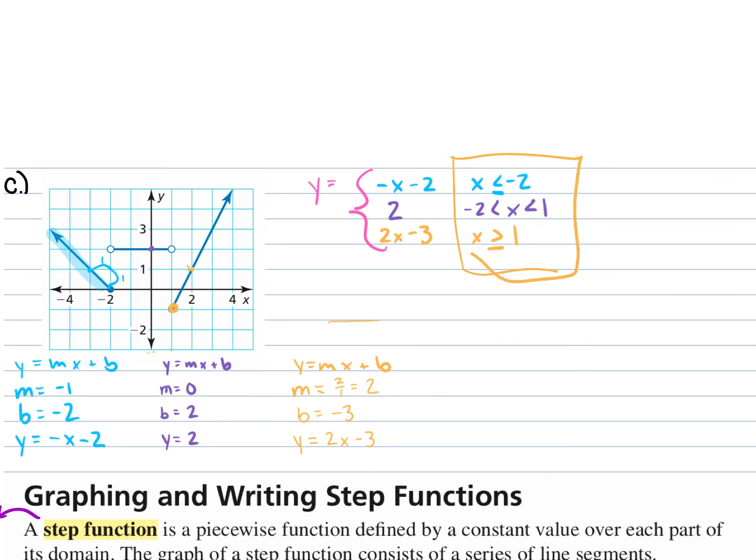So you should always be careful with these numbers. We're always talking about x values. So if you want to save the restrictions for last, you can cross out the y. That way you're only looking at these numbers. And you need to see that x is less than -2, it's in between -2 and 1, and it's greater than 1. So you're only looking at these numbers here, the x numbers.